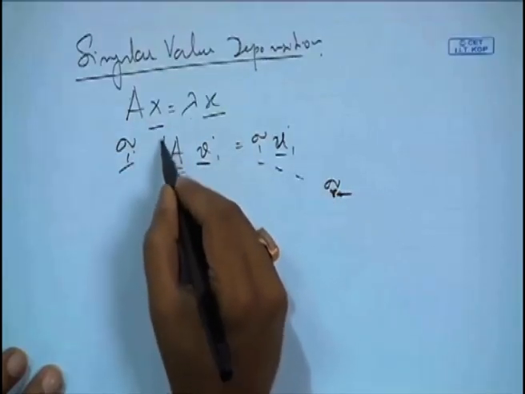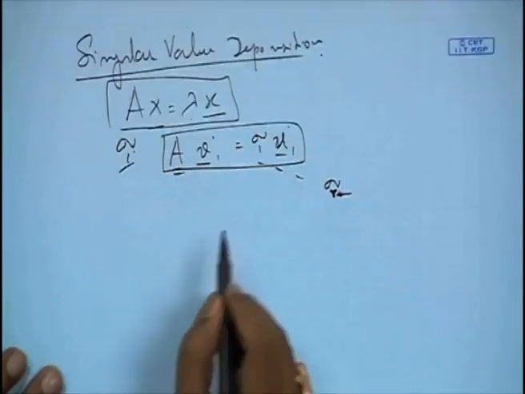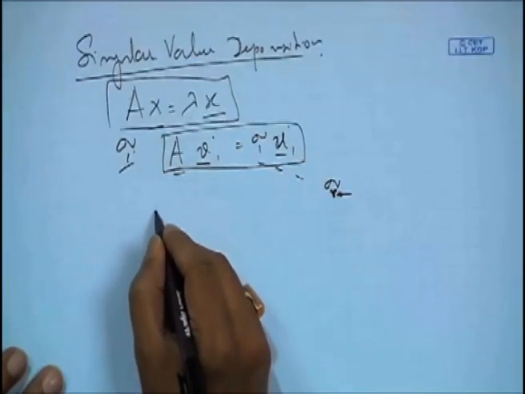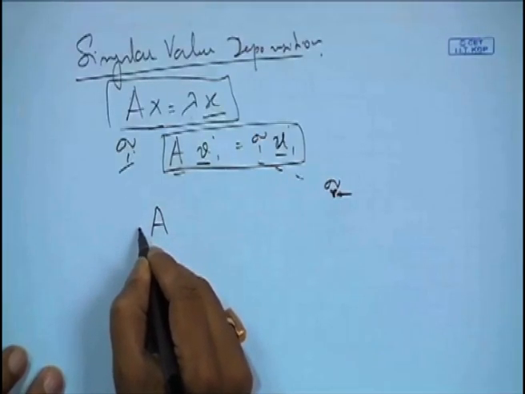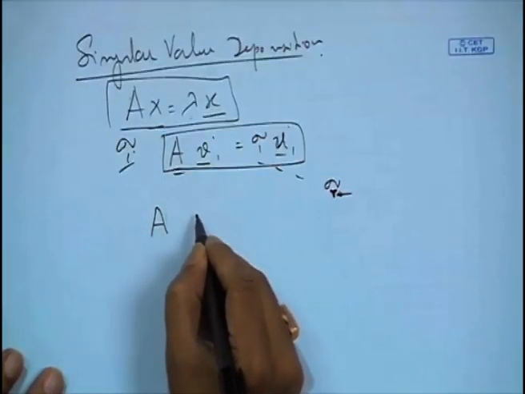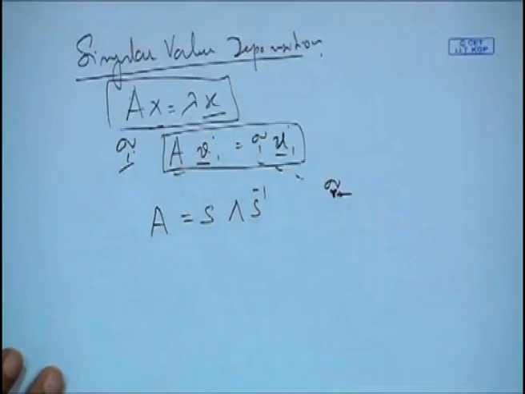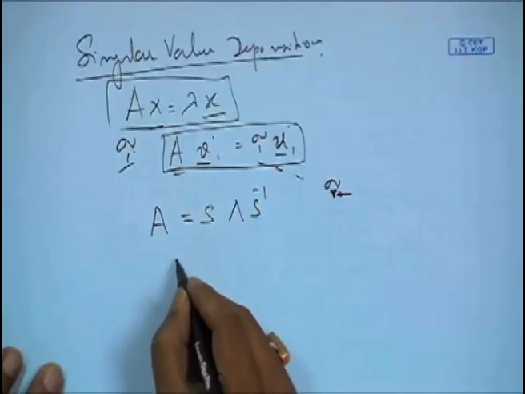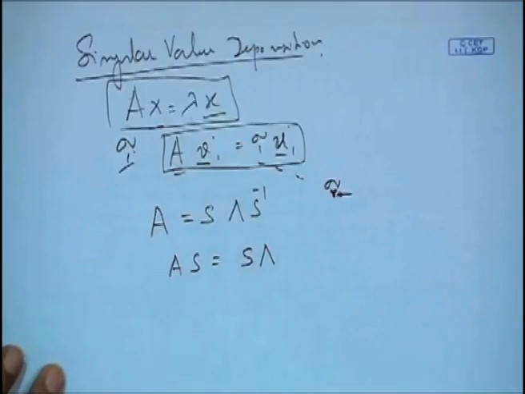So this is almost similar to the eigenvalue decomposition. In this case, you could factorize A as, like in the earlier case where we had S to diagonalize this. That means S lambda S inverse was the diagonalization that we had used. Basically we had said that AS is equal to S times the eigenvalues.